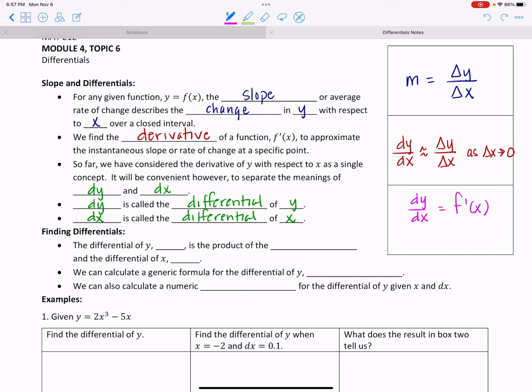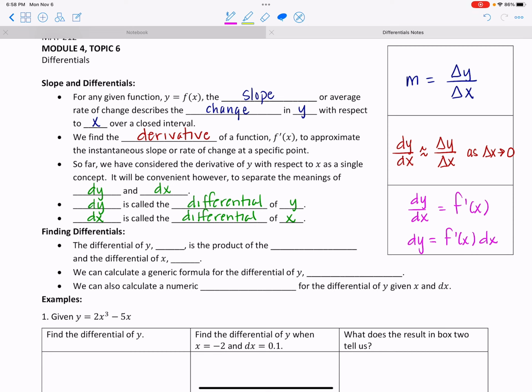So if I simply multiply that over, I will have a generic formula to find dy. So this means that dy all by itself would be f prime of x multiplied by dx. So again, we're separating those two components of slope, and you'll see why when we get to some examples why that's a helpful thing to be able to do.